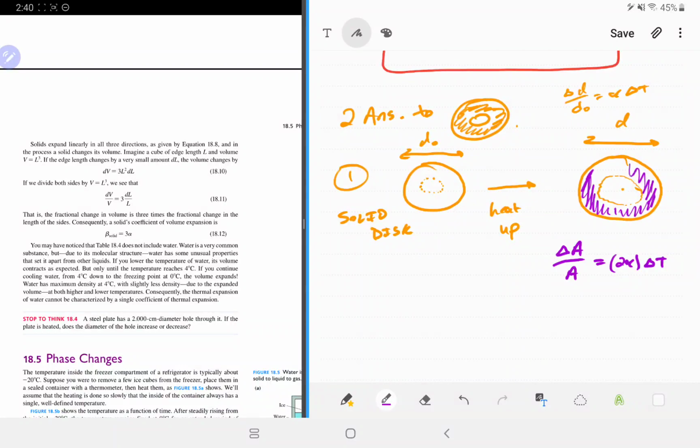If you just subtract the two, you can show that it still satisfies this equation. So this area right here is still going up.